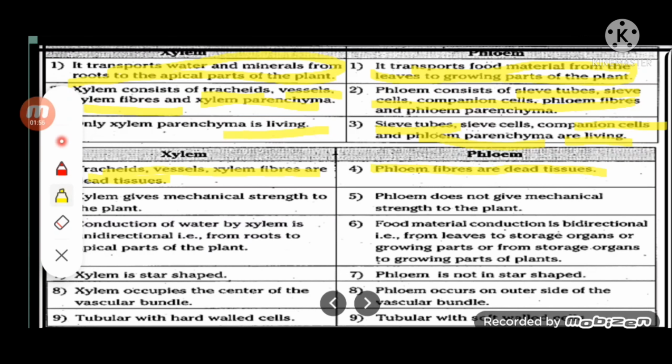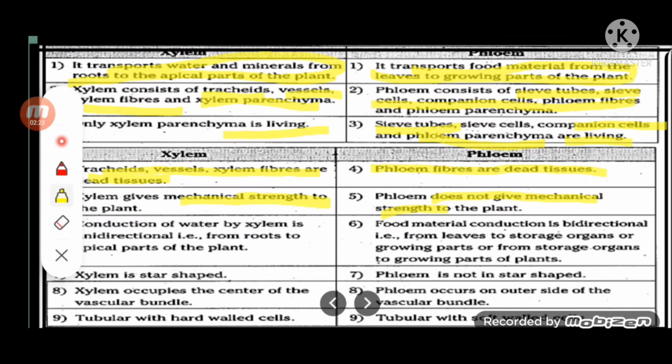Xylem gives mechanical strength to the plant. Phloem does not give mechanical strength to the plant, because xylem components are made up of harder cells. That's why they have more fibers or tracheids, and that's why they give mechanical strength to the plant, whereas phloem will not give any mechanical strength.